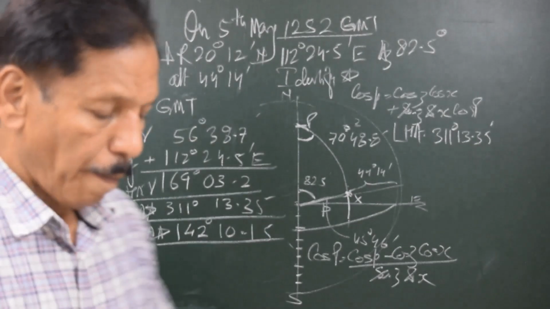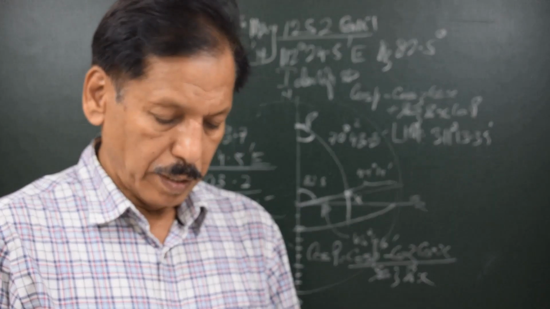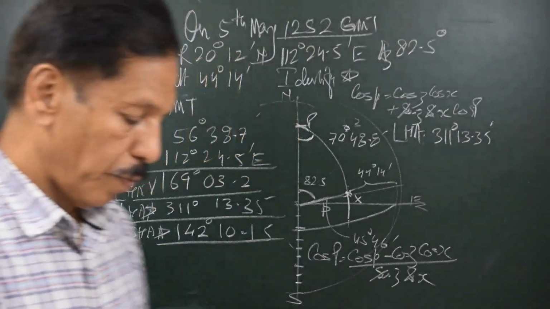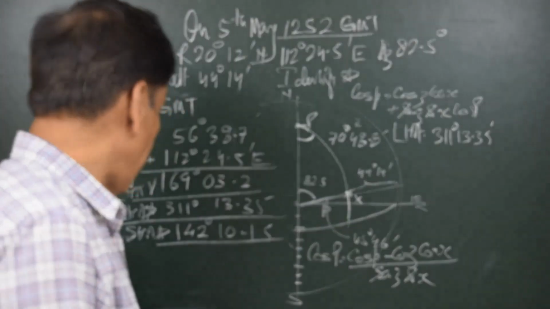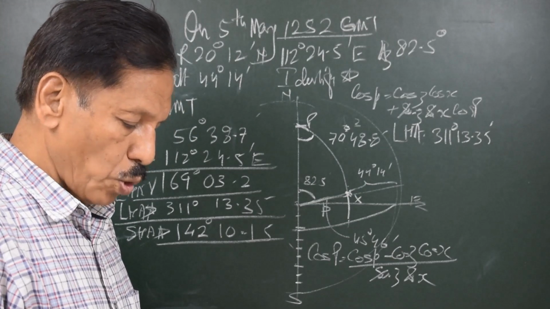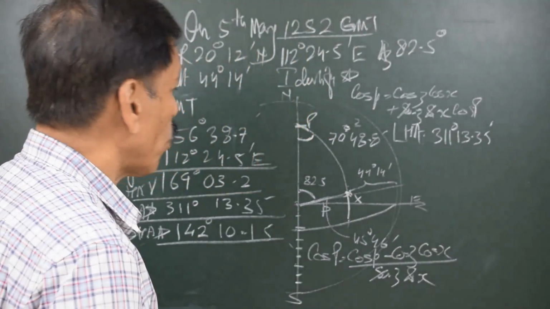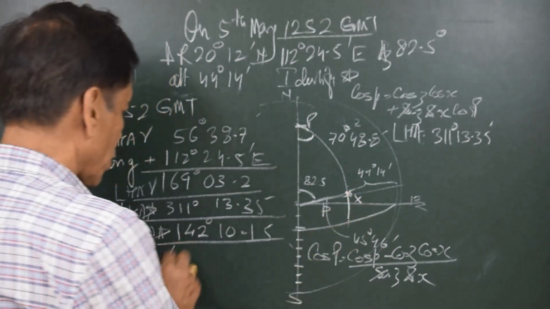So let us see the matching star with declination about 19 degrees and SHA about 142 degrees. It is Arcturus. Arcturus is the star. So the star which was seen was Arcturus.